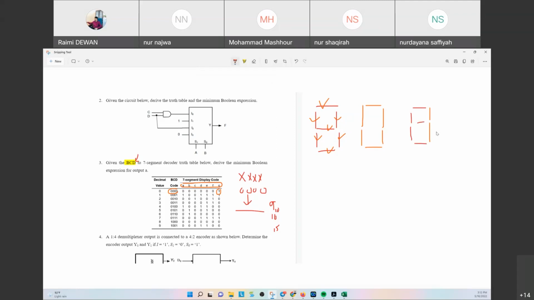If I'm not mistaken, this one is A, B, C, D, E, F, G. Something like that. And Auntie here is showing the 9s.